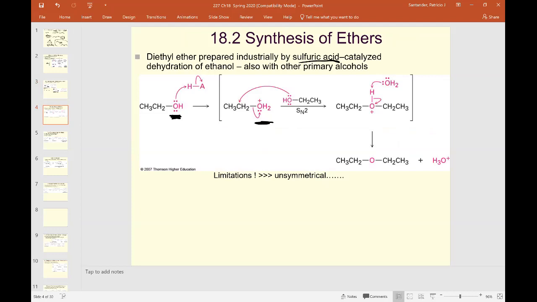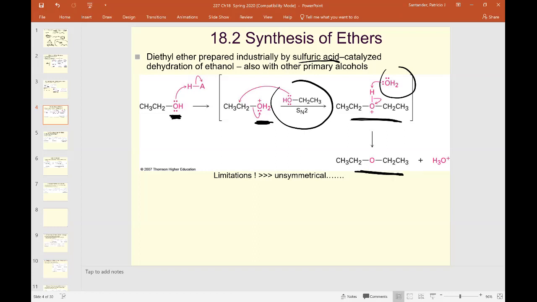And then you can have another molecule of an alcohol that can act as a nucleophile in an SN2 reaction, and then you displace that water molecule. The product that you obtain will be essentially the protonated form of an ether. So all that is left to obtain the final product is deprotonation of this protonated ether. You can use a water molecule as a base for the deprotonation. And then after deprotonation, you get the final product.